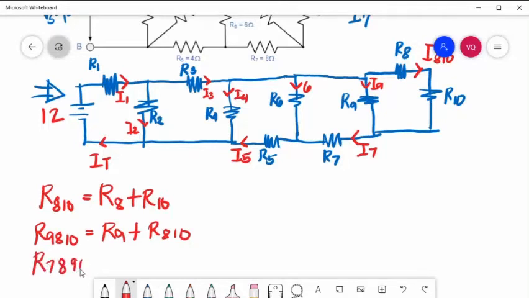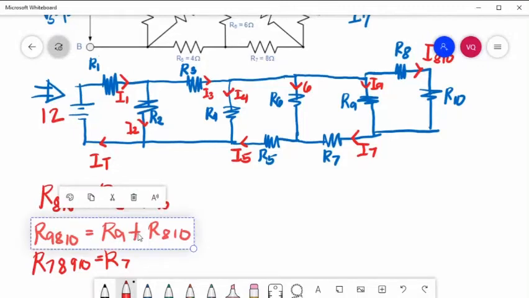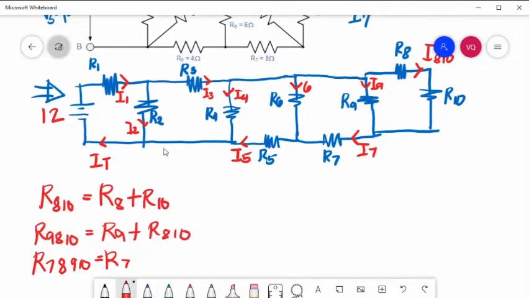Oh, sorry, this is parallel. So R7 in series with R8, 9, 10. Next, so in series and then in parallel again with R6.